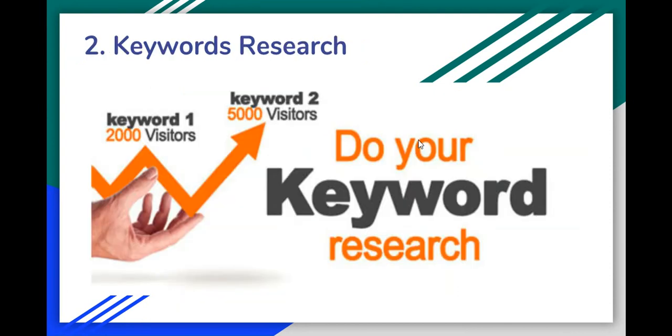So the next one I have here is keyword research. You want to conduct proper keyword research before you start writing or publishing articles on your blog. With keyword research, you have an idea of what people are searching for, the volume, and the competitive level. In this particular image, I have keyword 1 with 2,000 visitors and keyword 2 with 5,000 visitors.